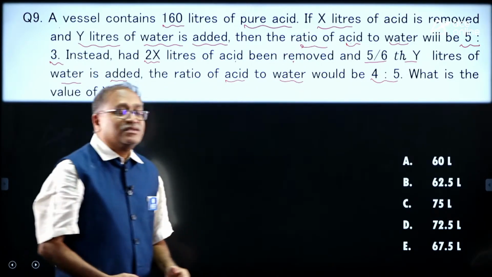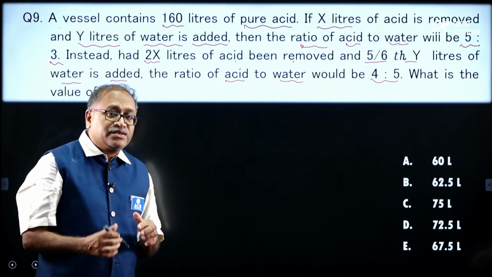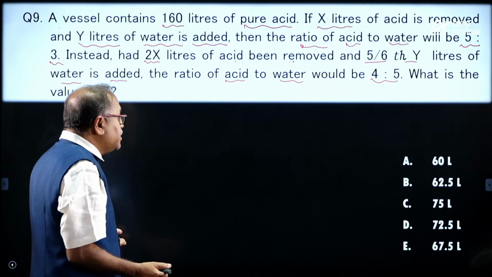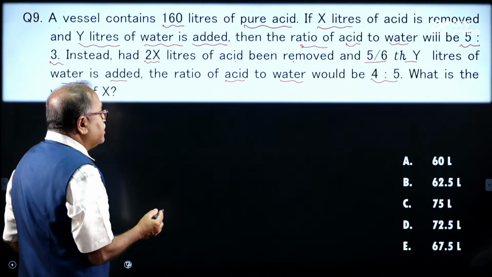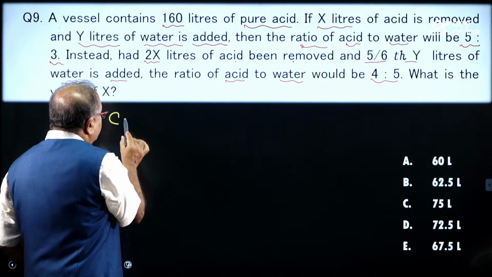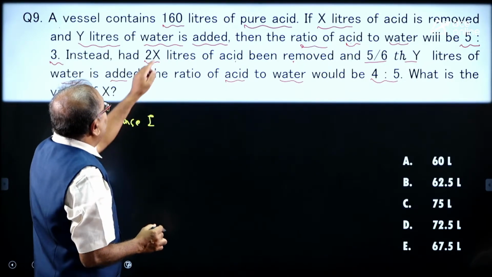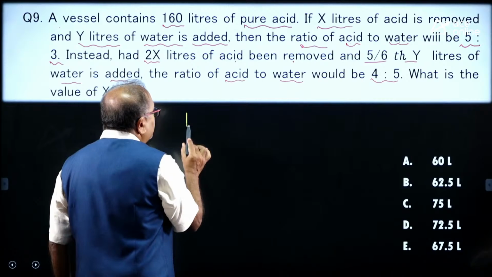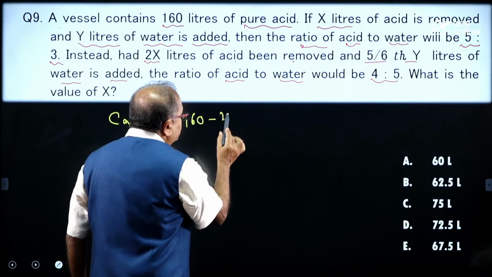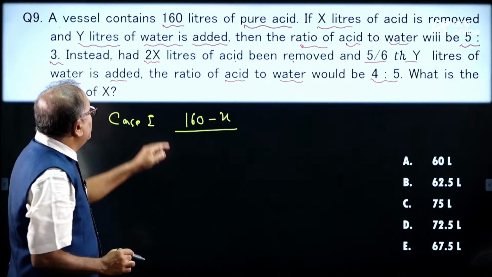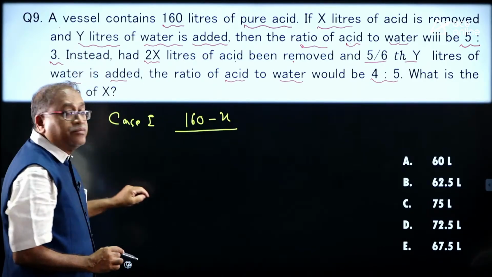Yes, my dear friends, some of you may not be knowing how to give a start. Let me give you the case 1. There are 2 cases. I will consider that 160, x is taken out, and y is added.